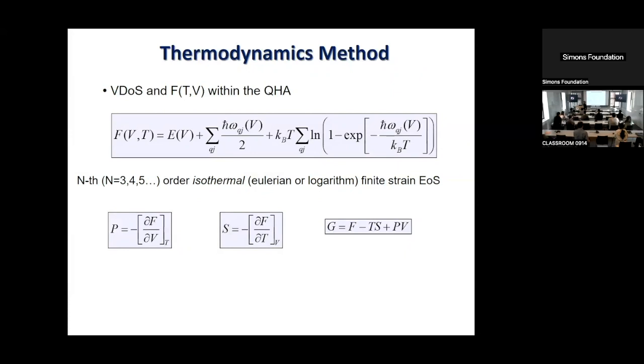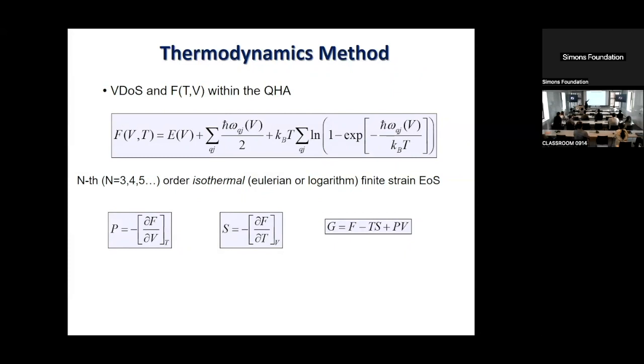I see, but do I view this as a function of volume or pressure? This is a function of volume that's optimized at static conditions, 0 Kelvin, no zero-point motion, right? Yeah. And then you have frequencies there. Of course, as I said, this is approximate.